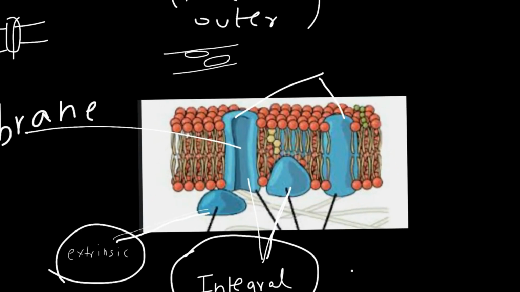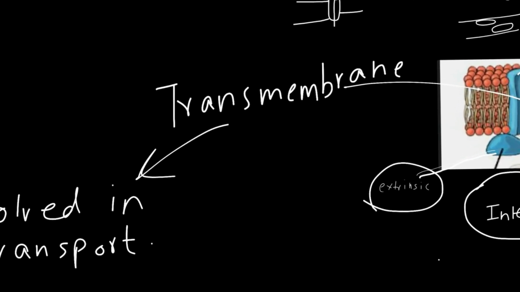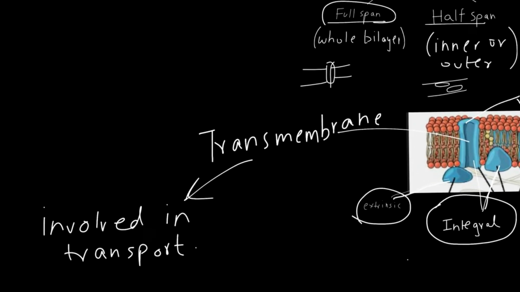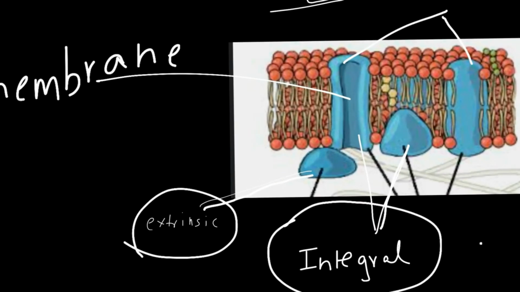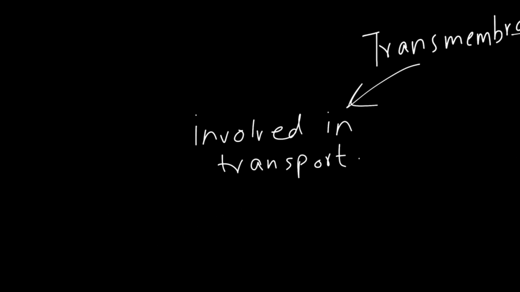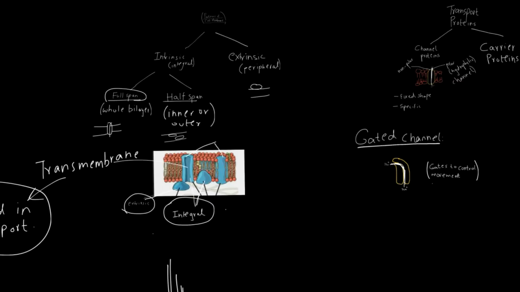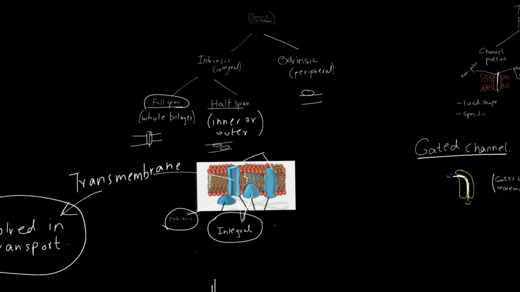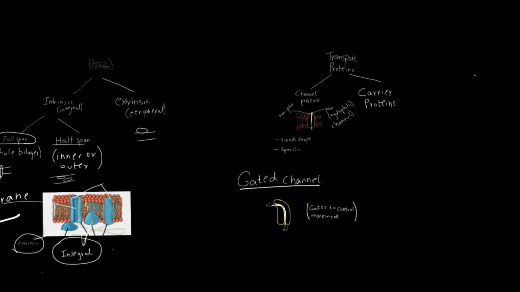These are called transmembrane proteins alongside full span proteins as well, because they're involved in transport and they're present throughout both the membranes, right? So they're transmembrane, and because they're transmembrane, they can be involved in transport, and I'll tell you how they're involved in transport. Right, so we've done this part, and now our major focus will be on transmembrane proteins only.